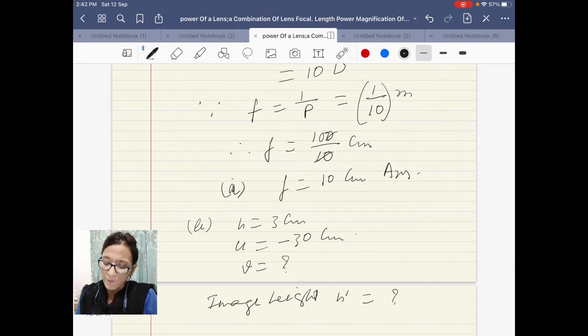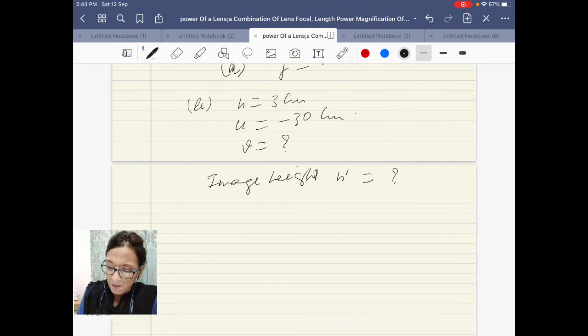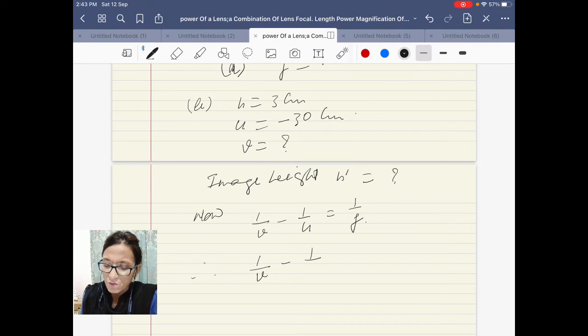So we know, you can see we have the focal length, we have the object distance. From these two pieces of information we can obtain the image distance. Now using the lens formula, we know that 1 by V minus 1 by U is equal to 1 by F, and therefore we have to find V. So 1 by V minus 1 by minus 30.